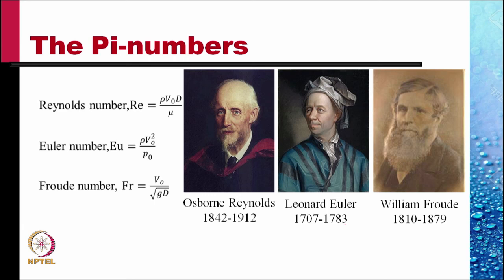The second number, rho V naught square by P naught, is called the Euler number after Leonhard Euler, a great mathematician. The third number, V naught by under root GD, in fact, this is the square root of the parameter group that we obtained earlier, has been termed as Froude number after William Froude, who first started experimenting in this area.